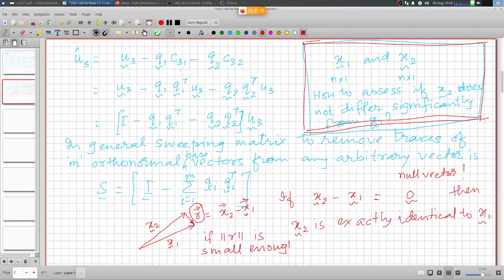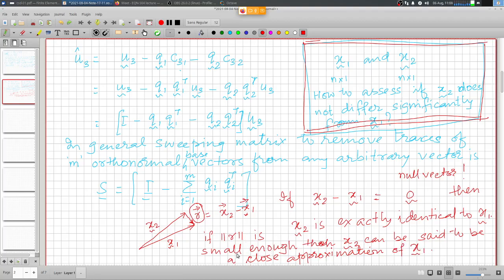If the magnitude of R is small enough, then x2 can be said to be a close approximation of x1.